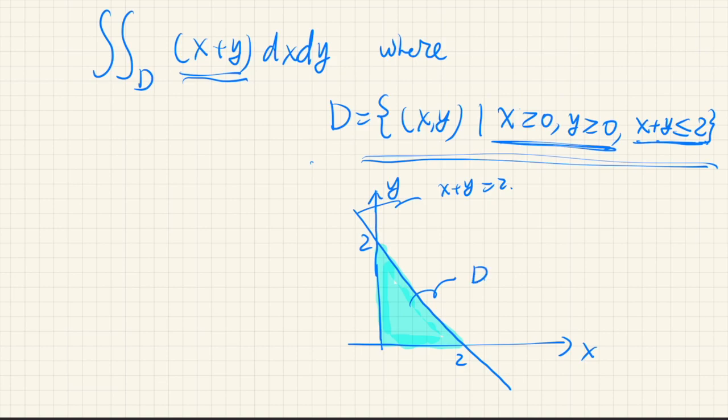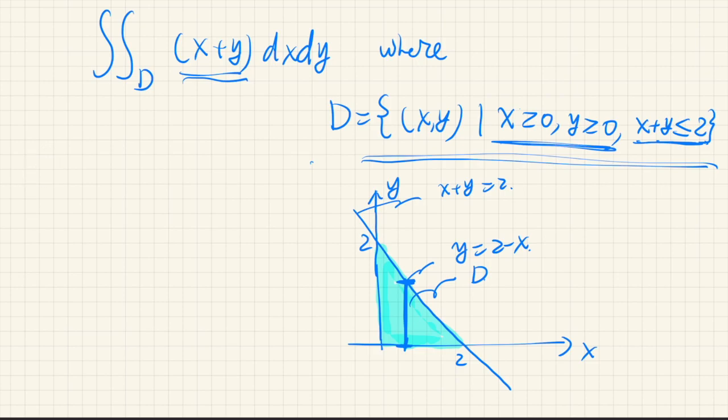Okay, so let's do it. First, we consider x as fixed. Let's fix some value of x here. In that case, the range of y is between 0 and something like this, that is y equals 2 minus x. So y can vary from 0 to 2 minus x.